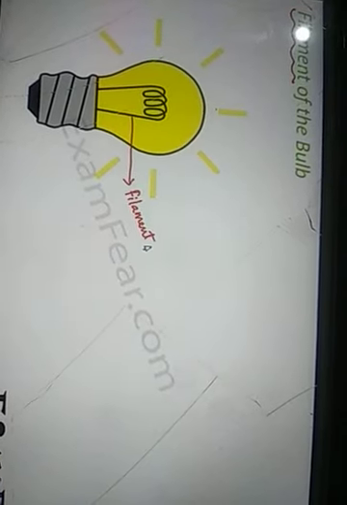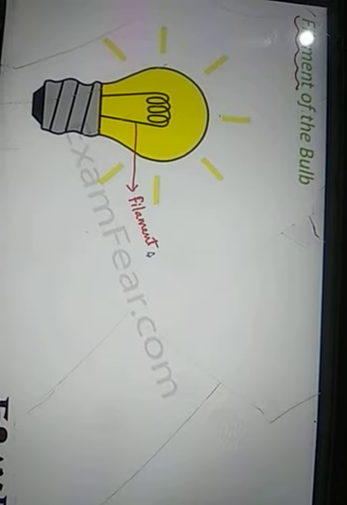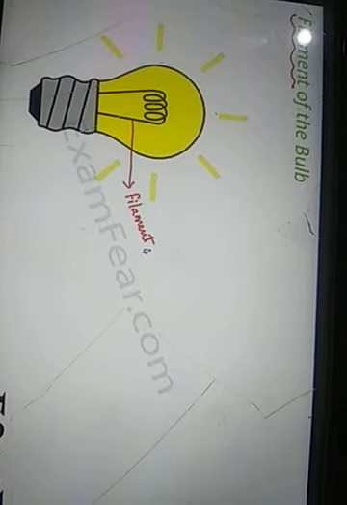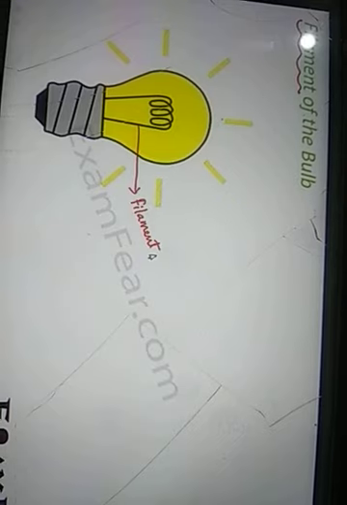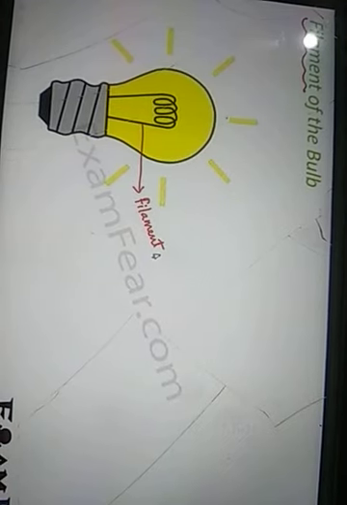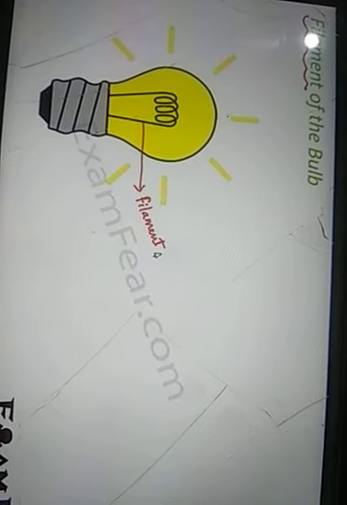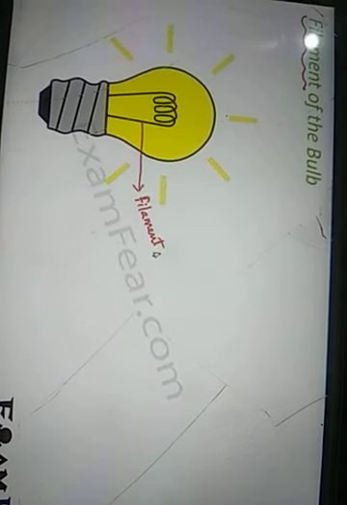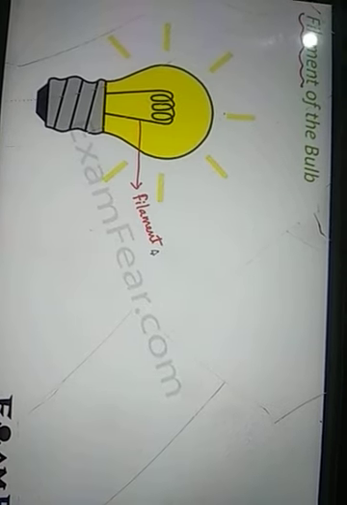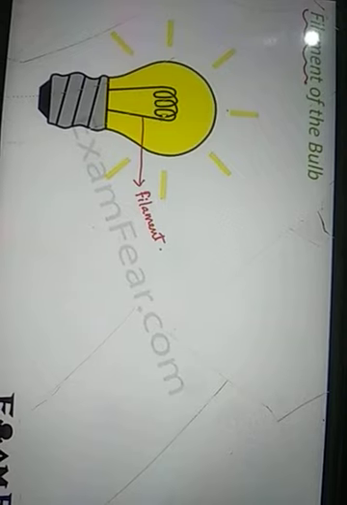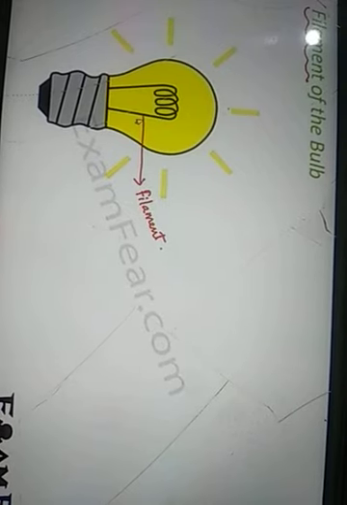This wire is nothing but the filament, and this filament is made up of a material which, when heated, produces sufficient light. Any metal needs to be heated sufficiently before it starts emitting visible light. In that case, we cannot use just any metal as the filament of the bulb, because most metals melt after a certain point when we start heating them.